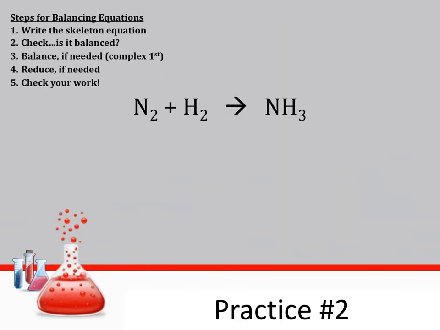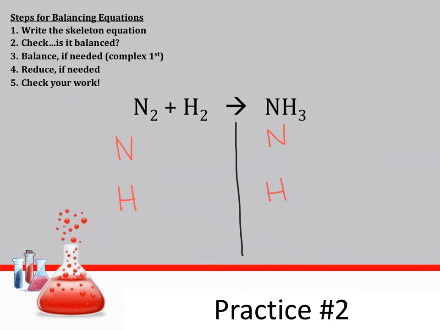The first thing I'm going to do is draw a line that divides the reactant side of the equation from the product side of the equation. And I'm going to list all of the different elements that are on each side of the equation. They will be the same elements on both sides, but I'm just going to list them. We have nitrogen and hydrogen, and we're going to list them in the same order on both sides of the equation.